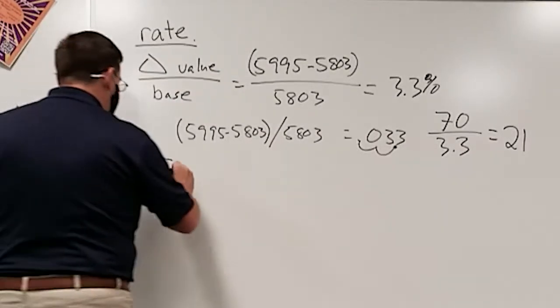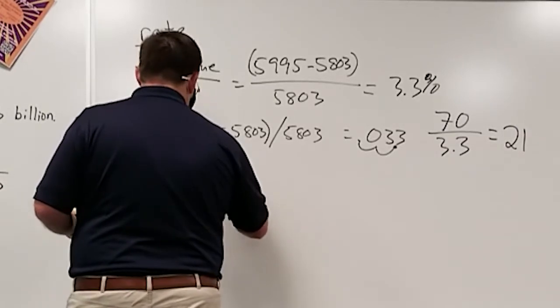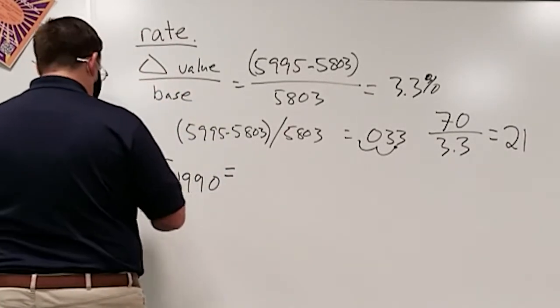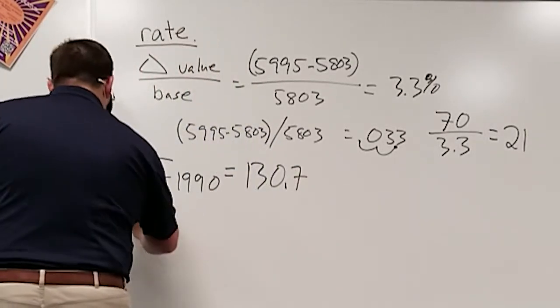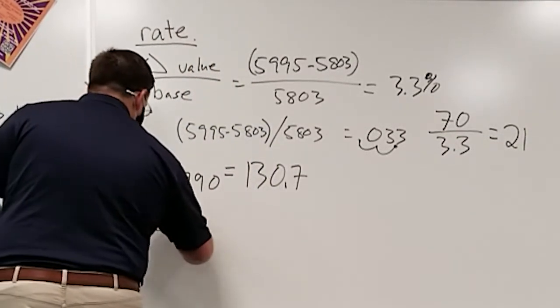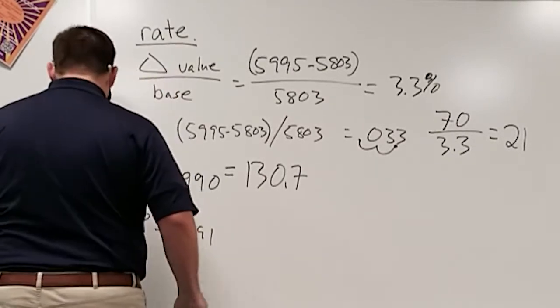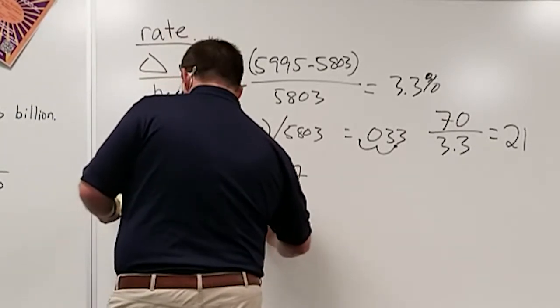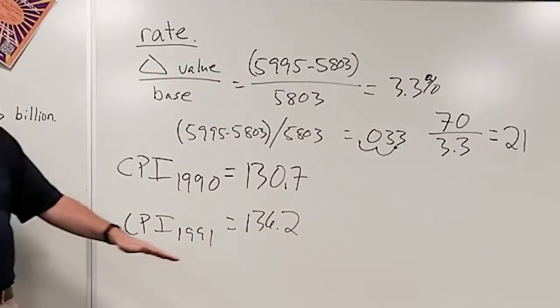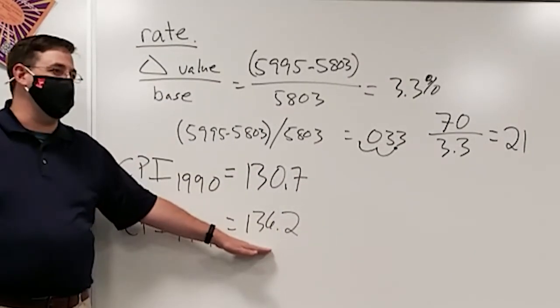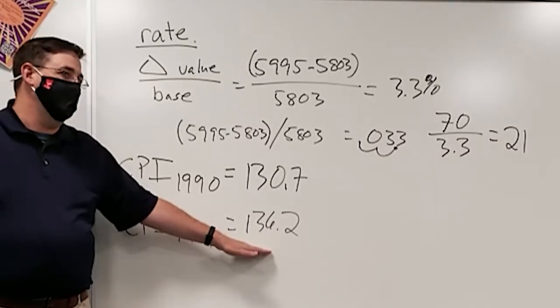So we can look at the Consumer Price Index. In 1990, the Consumer Price Index was 130.7. But the Consumer Price Index in 1991 was 136.2. Just looking at that, does that look like a big number or a small number?